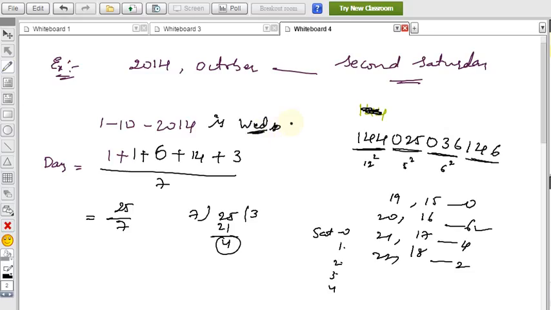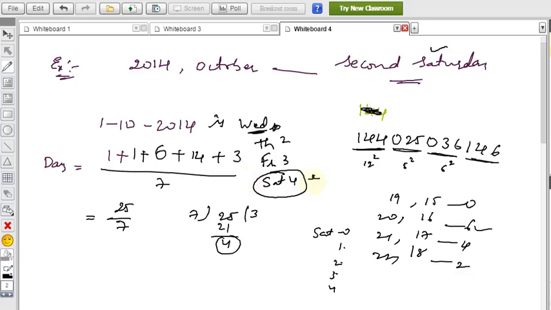After finding that the first day of the particular month is Wednesday, now according to the problem we need the second Saturday. If Wednesday is first, then Thursday, Friday and Saturday: first, second, third, fourth. The fourth is the first Saturday.